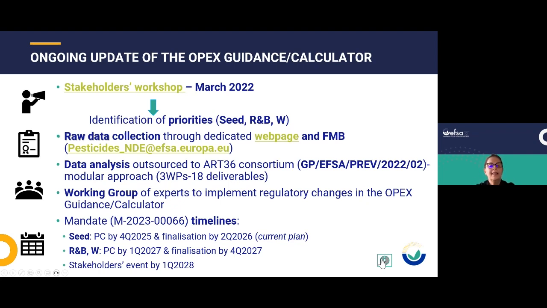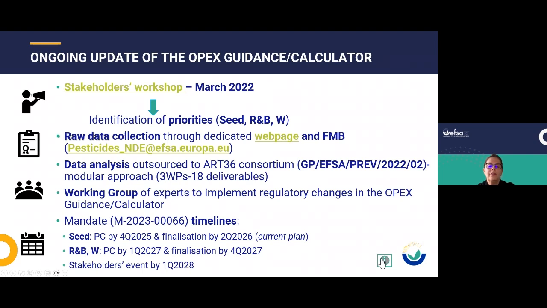So in this slide, an overview is given on the project for the update of the OPEX guidance and calculator that started with the event we had in March 2022, when the relevant stakeholders, namely Commission, Member States and industry, were engaged in an open discussion with the main focus to identify priorities for the update of the OPEX guidance, aiming at implementing new scenarios such as the seed treatment and sowing scenario, and refine the existing scenarios and or the default values such as for resident and bystanders and workers.